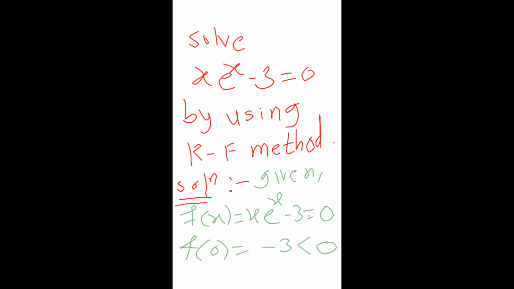So I will share another board. f of 1 is equal to 1 into e raised to 1 minus 3. Take out the calculator and tell me what is e raised to 1 minus 3? Do you know how to find the value of e raised to by using the calculator?